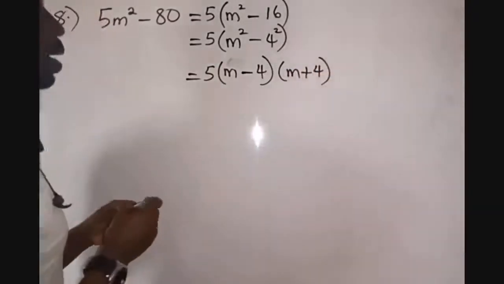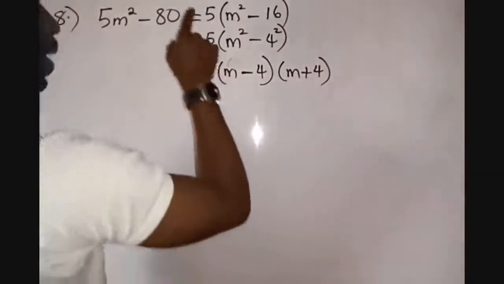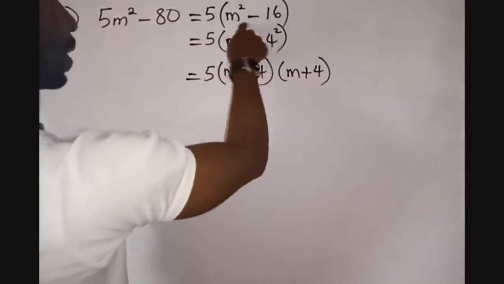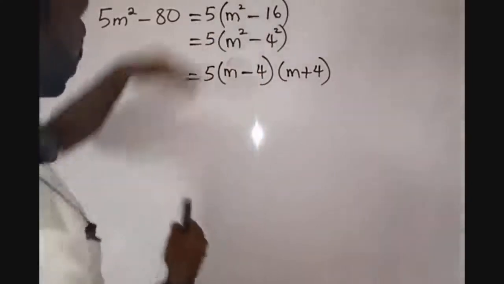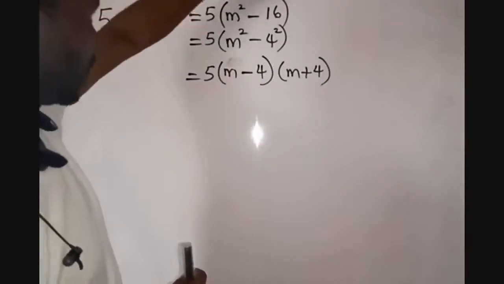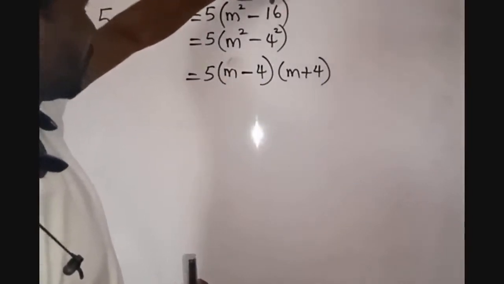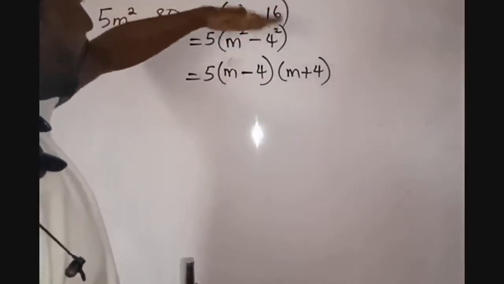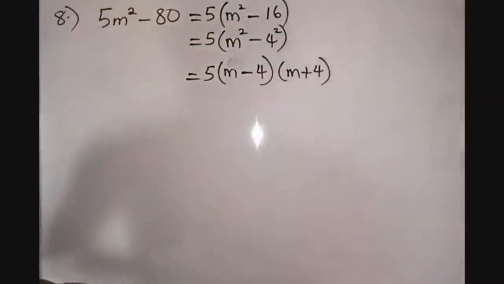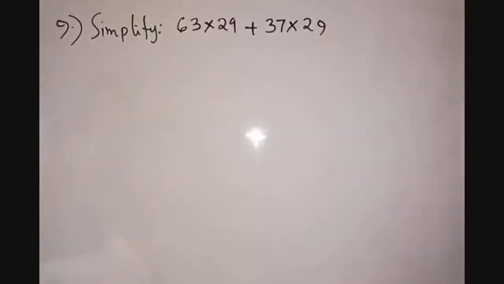And that is your answer. So you must be able to know that when you see anything like this and there's a negative there, you can square one part, you can't square the other part. Quickly check. If you can reduce this to a square, then you can use the difference of 2 squares to factorize it.